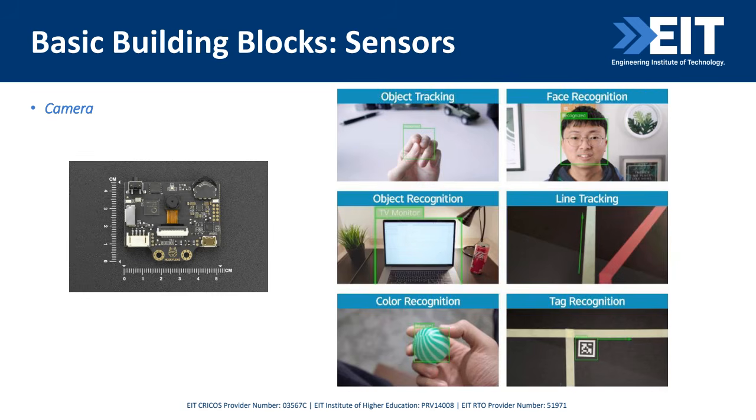Now, how much would all of this cost, or what kind of sensors and controllers might we have access to? Here's a sensor that you might use. It's a camera, actually a smart camera. It allows you to do object tracking, face recognition, line tracking, tag recognition, like reading a 2D tag or QR code, recognizing colors, and object recognition.